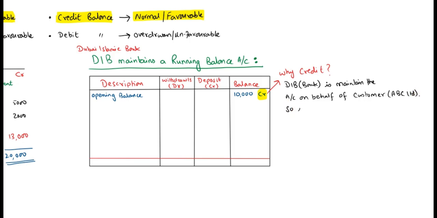So it's a bank liability that it has to pay back 10,000 to ABC Limited. So due to the liability, bank credits the 10,000. Got it?